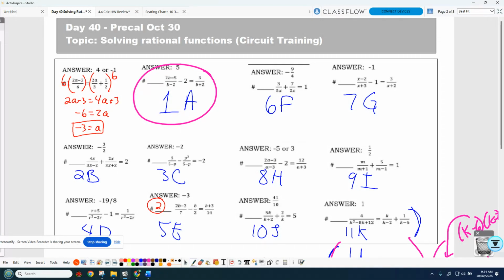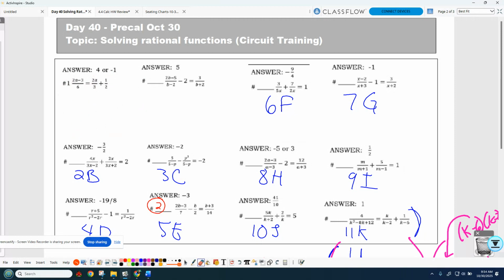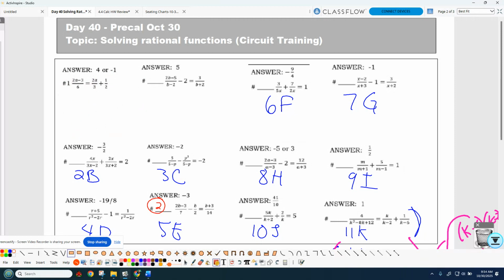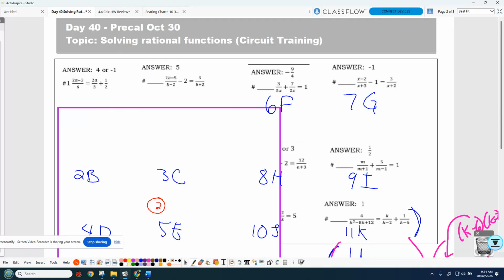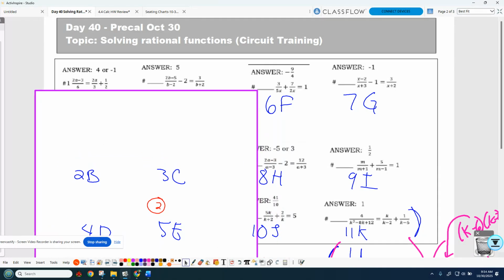It's hard to see. What's the first step that they did? They multiplied by something. What did they multiply by? Can you read their work? Can you understand what's happening? So they multiplied all the things on both sides by b minus 2 and b plus 2.